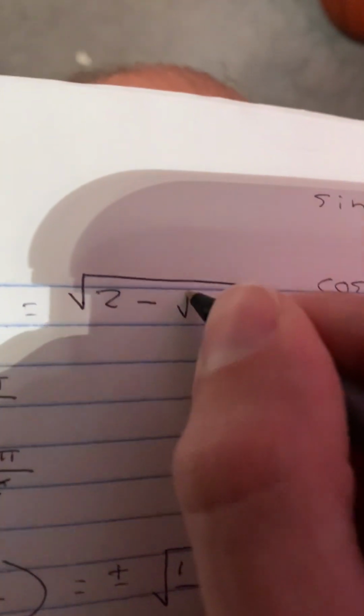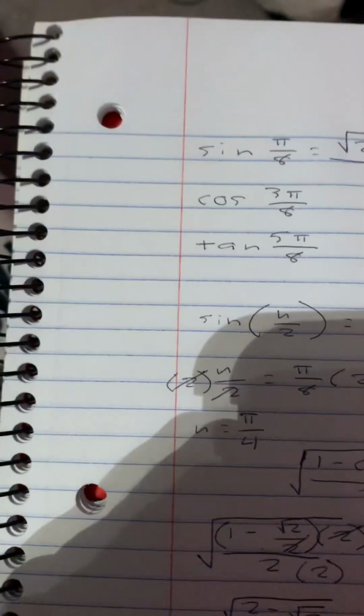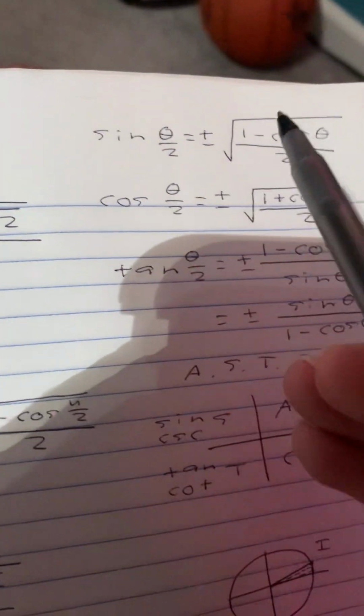So the sine of pi over 8 is going to give you the square root of 2 minus the square root of 2 all over 2. Right? See? That's why the half angle identity makes it easy for you.